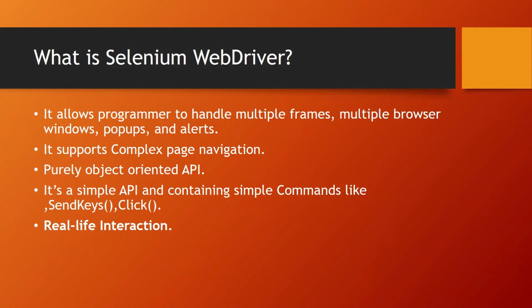If a test case requires navigating from one frame to another, Selenium has commands that allow us to navigate from one frame to others, one pop-up to others and one alert to others, and it allows us to manage these elements in automation testing.